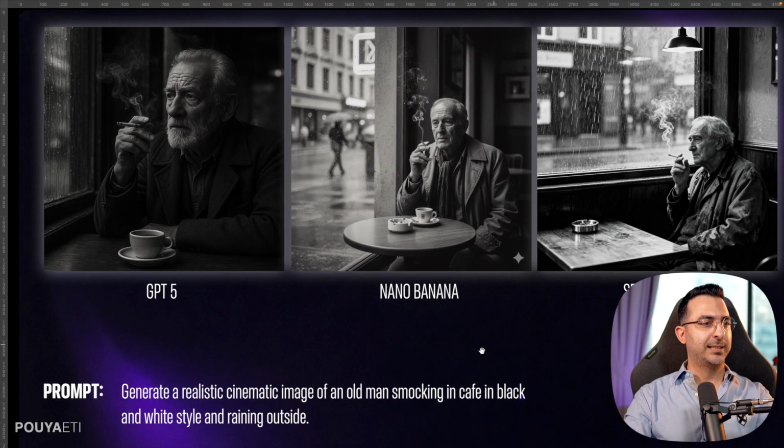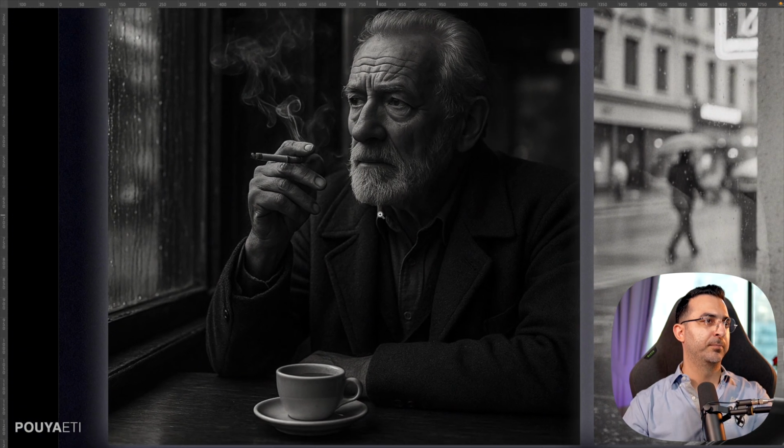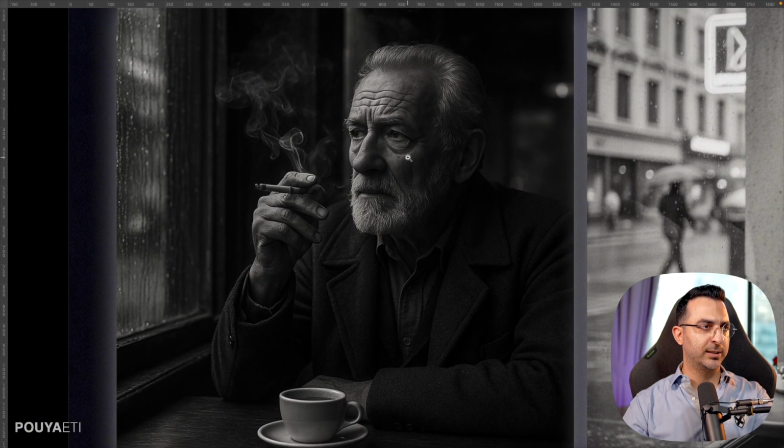So the last example that we have here is an image that we generated from text. Here's the prompt: generate a realistic cinematic image of an old man smoking in a cafe in black and white style and raining outside. Okay, so this is the result done by ChatGPT. It's good. It looks realistic.